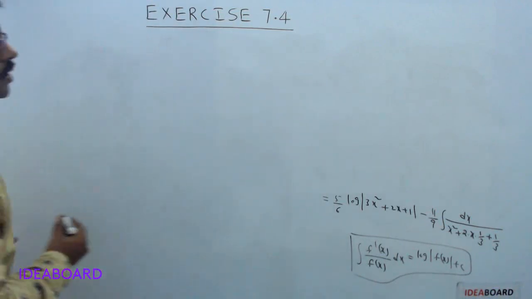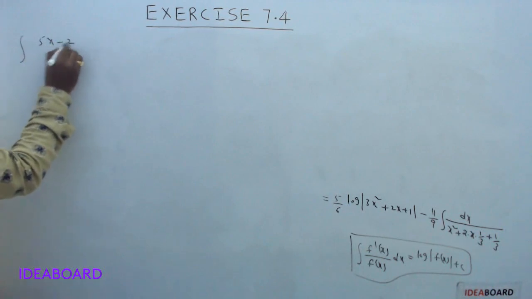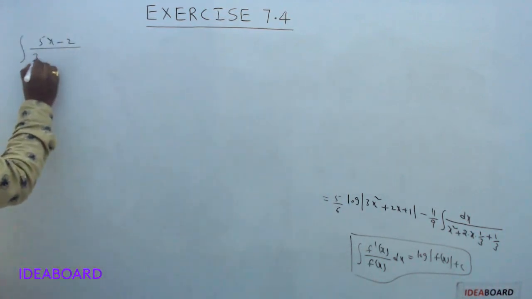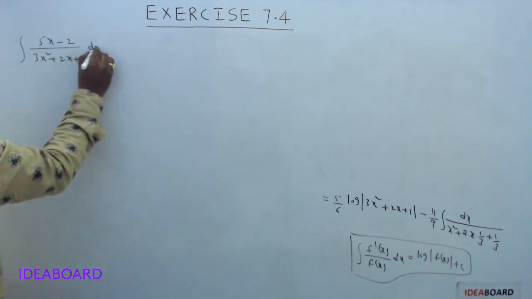Now see the continuation. Integral 5x minus 2 divided by 3x square plus 2x plus 1 dx.